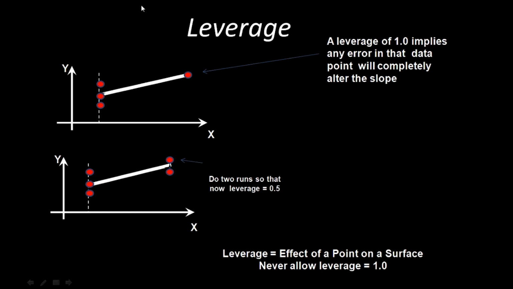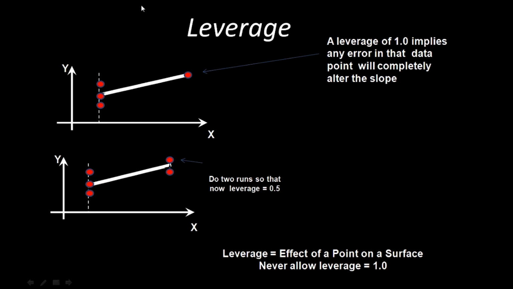This type of fitting is not very good because your entire slope will depend upon this particular point, okay. This is called a leverage of 1, which is not very good. That means you have all the data points where the descriptor value is almost same and only one has something different. So never have a QSAR like this.